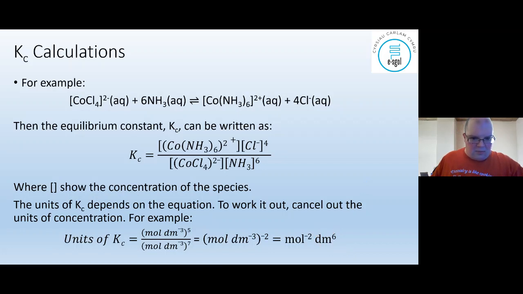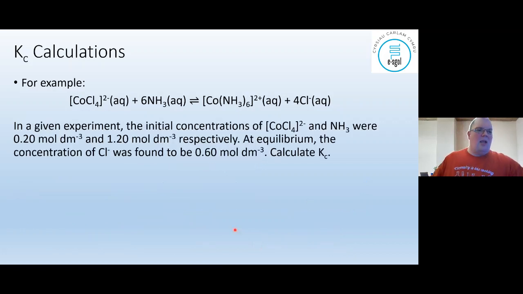Okay, so moving on. So in this example, in a given experiment, the initial concentrations of tetrachlorocobaltate and ammonia were 0.1 mole per dm cubed and 1.20 moles per dm cubed respectively. At equilibrium, the concentration of Cl- was found to be 0.6 moles per dm cubed.